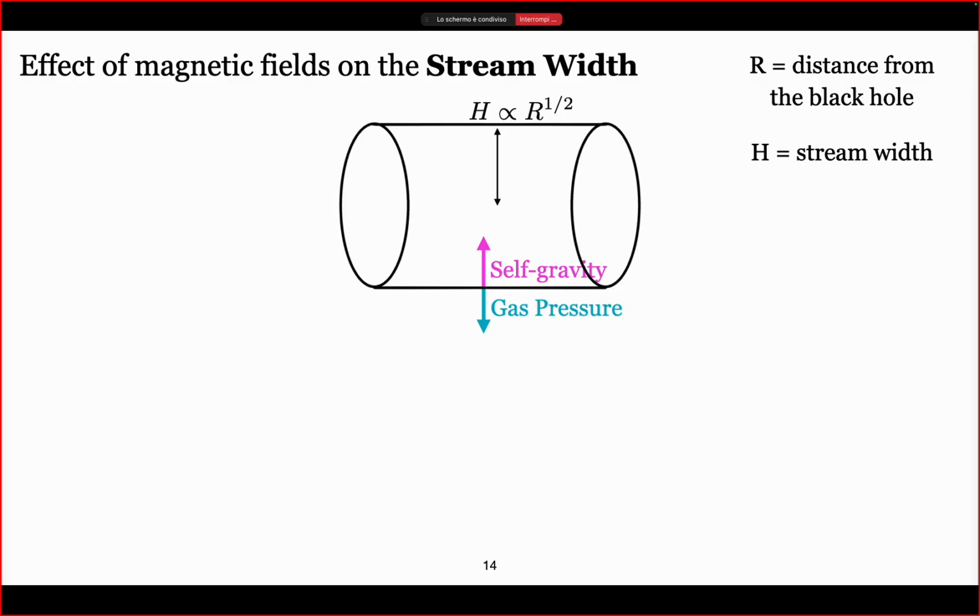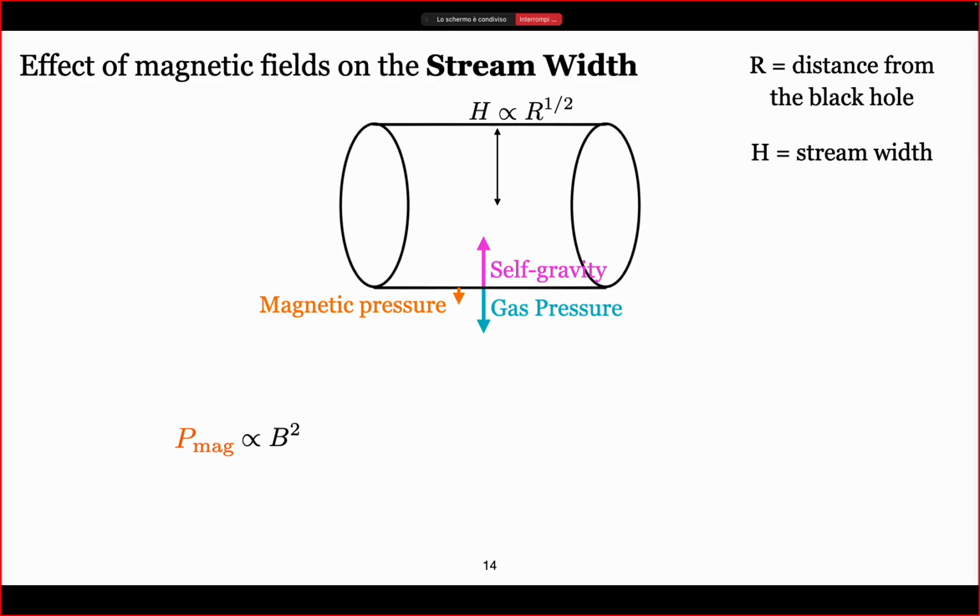And to explain this, I will use again this picture of the cylinder, focusing on the part of the stream that is denser, so the one that is initially maintained in hydrostatic equilibrium. So when we do not have magnetic fields, the stream is in a balance between self-gravity and gas pressure force. When we include magnetic fields, the main effect is that the magnetic fields act as if there was an additional pressure. And so we are interested in knowing whether this new pressure term will eventually become the dominant one. So we can look at how magnetic pressure evolves.